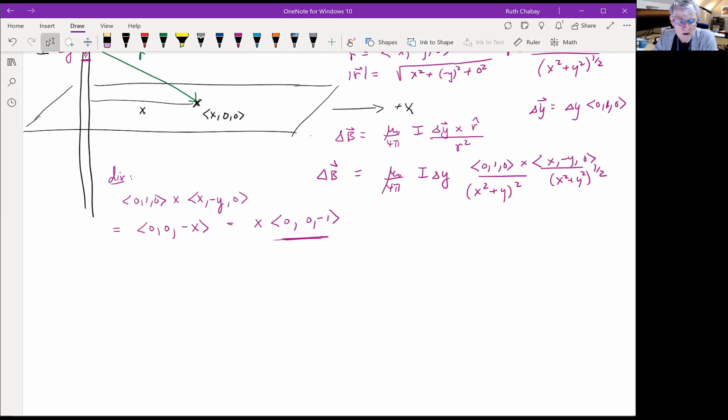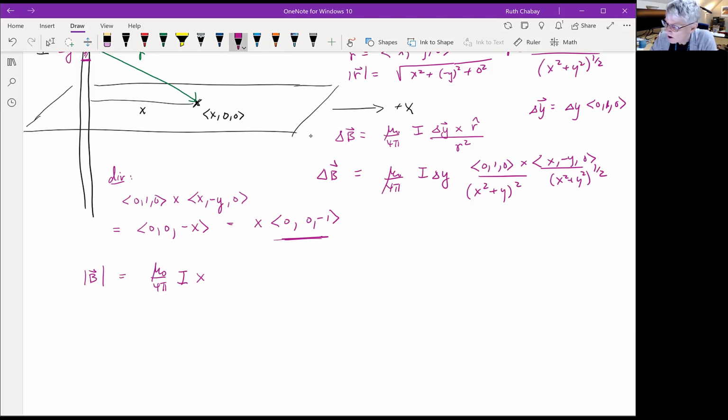So we end up with the magnitude of B equal to mu 0 over 4 pi. Let's pull the constants out. We have the conventional current I times the x from this cross product.